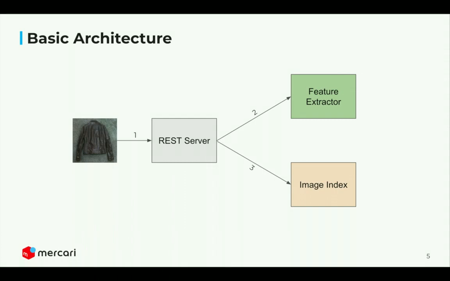The server then dispatches this feature vector to an image index service, which searches for and returns similar listings in Mercari using the feature vector as kind of a lookup key.